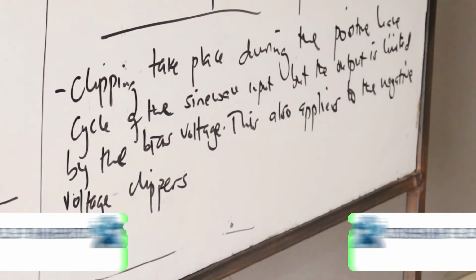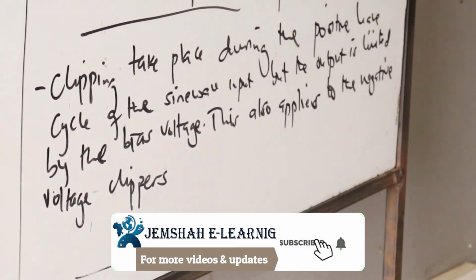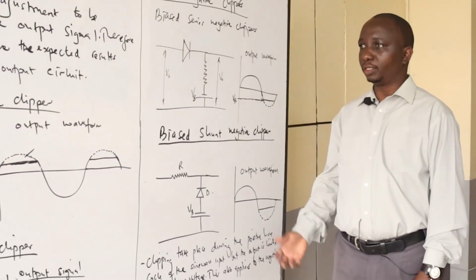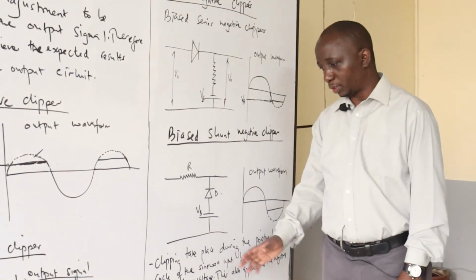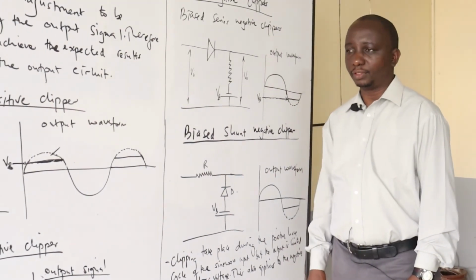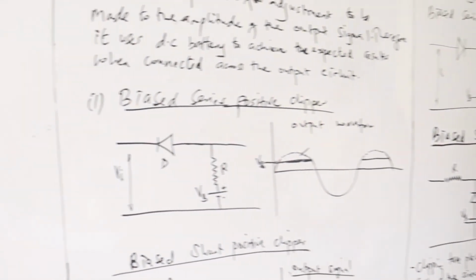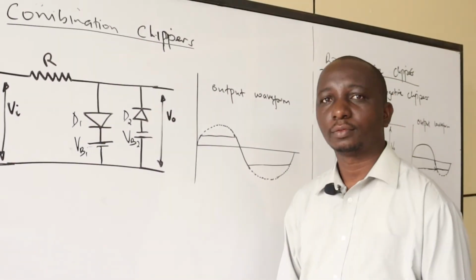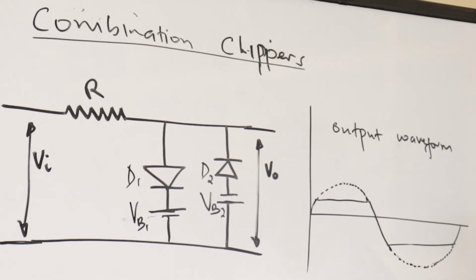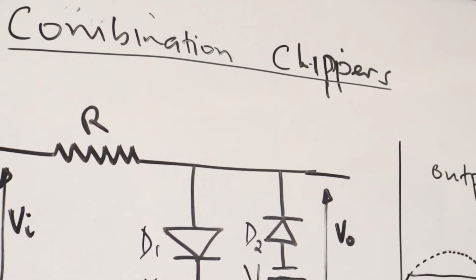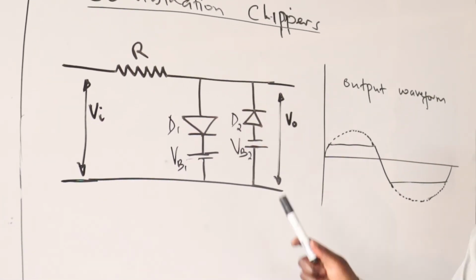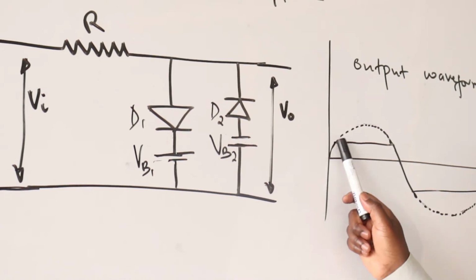So when you combine both negative and positive, when you talk of combined clippers, the next thing I'm going to do is to have the combined clippers with the aid of a diagram so that I can explain. We see a scenario where we have combined the two, and what we should expect as the results. This is a combination clipper, and it's constructed from the positive and the negative clippers. During the positive part of the sine wave, diode D1 conducts while D2 is reverse biased, and we are able to achieve this.